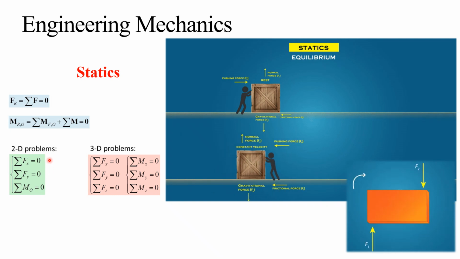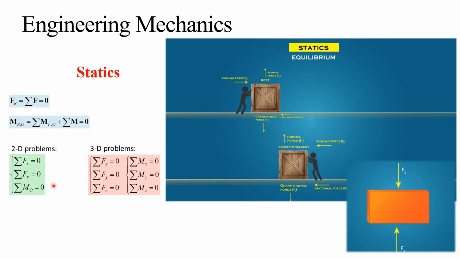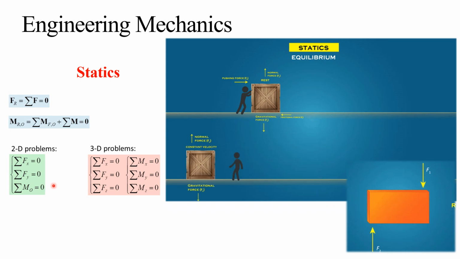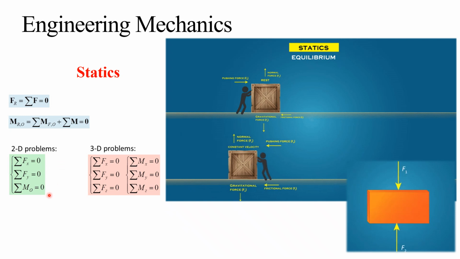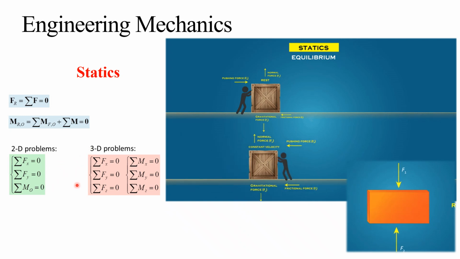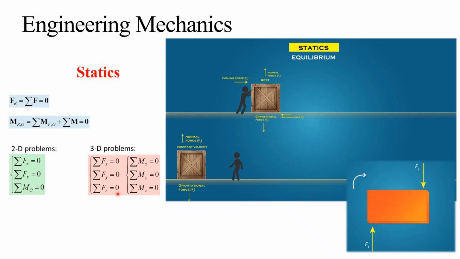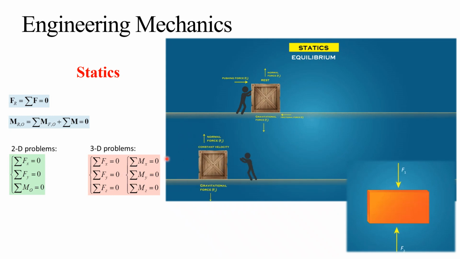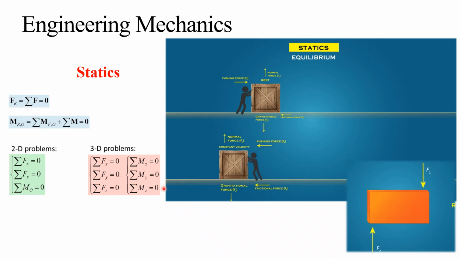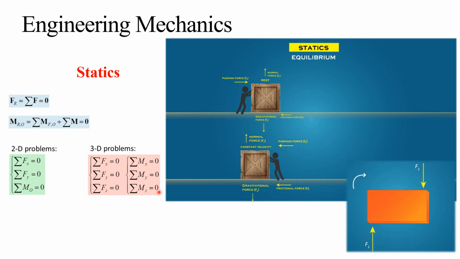For 2D problems, we have two axes, x and y. The sum of forces in x and the sum of forces in y must be zero, and the sum of moments about just one point, let's say point O, in that system would be zero. For 3D problems, you have the third axis, z, and your forces in x, y, and z must be equal to zero, and the moments about x, y, and z must be equal to zero.